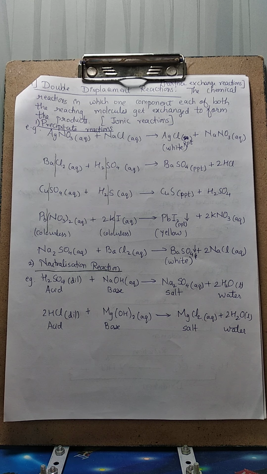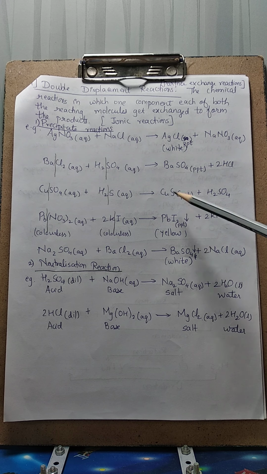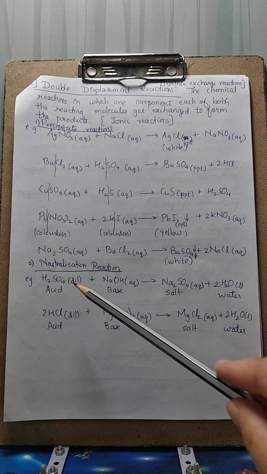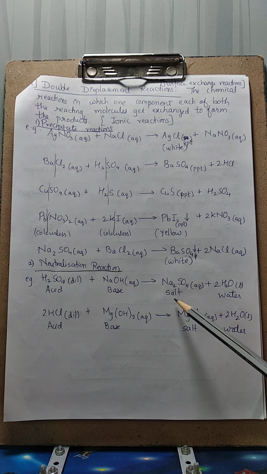In double displacement reaction, two types: precipitate reactions, because in these reactions all the precipitates are formed. Here barium sulfate, copper sulfide, lead iodide, all these are precipitates. In neutralization reaction, again partner exchange is taking place, but salt and water is formed.